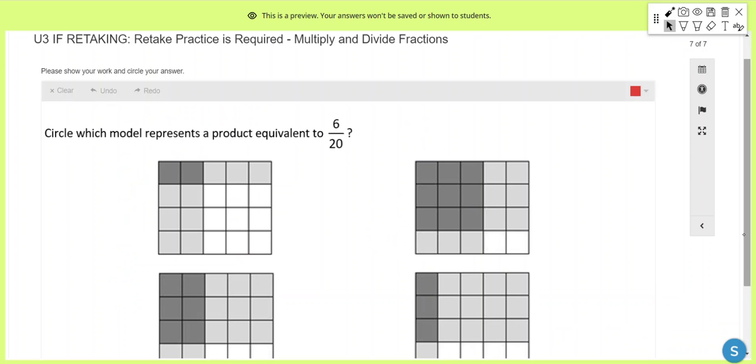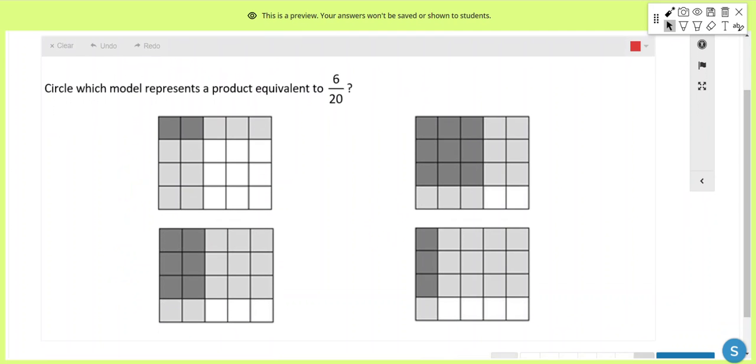And then for number 7, which model represents a product equivalent to 6/20? Remember, when you're finding the product, you are looking at the pieces that are overlapped, or the dark shaded ones. I'll put stars in them. So all the places I'm putting the stars are the places that they are overlapped.